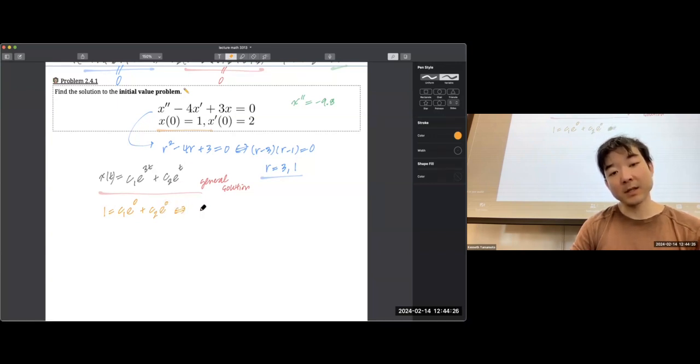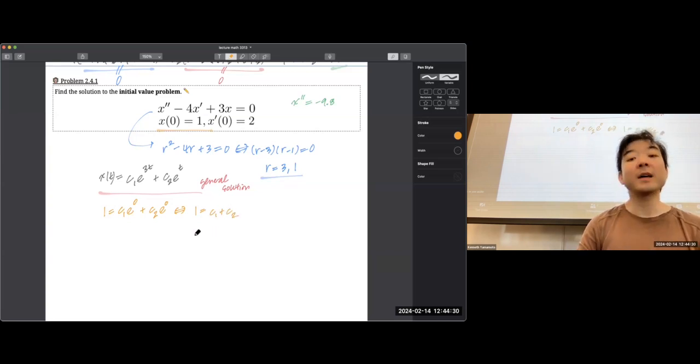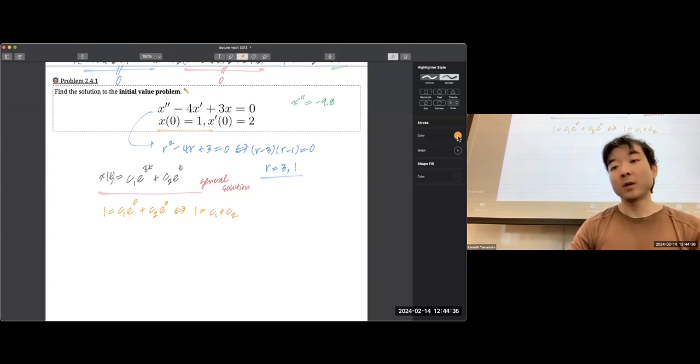So this is just like saying 1 is equal to C1 plus C2. This will not give you C1 or C2 right away, but it gives you a relationship between the two. We're going to use that in combination with the other initial condition, the one on the derivative, and that's going to require us to compute the derivative of our general solution.